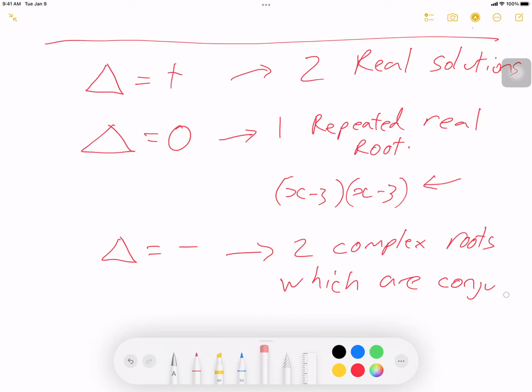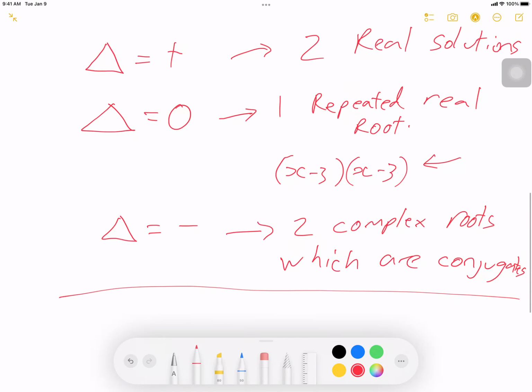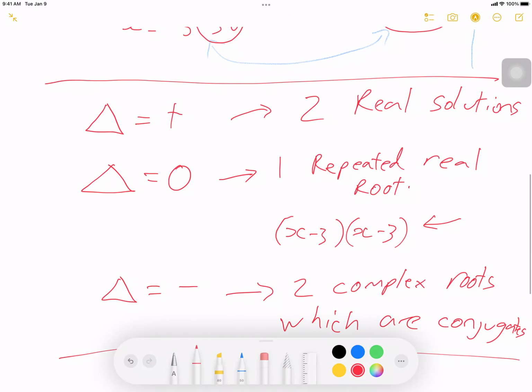On this course you will only ever have real coefficients on your quadratics or cubics or whatever you're looking at, and therefore you will only ever have this. So if you're given 1 root and it's complex, you automatically know 2 roots, and you'll be able to use some of the techniques I'm going to show you in future videos.